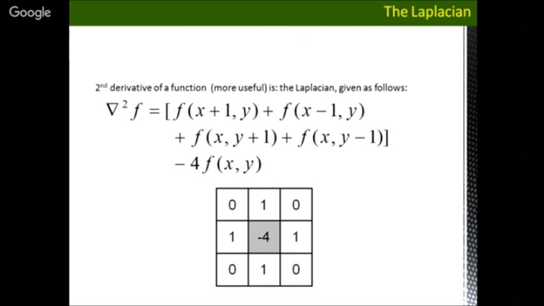So what if you were to do x and y together? Now this shows the Laplace second order derivative in all directions, where you have all neighbors in 4 directions. In this case you have minus 4 here and 4 neighbors around. There could be 4 diagonals; in some cases you can even have 8.